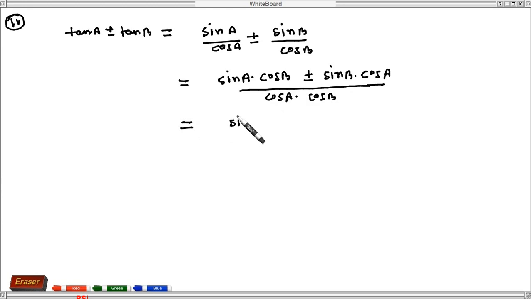So this is sin of a plus or minus b over cos a into cos b. This can also be written like this.